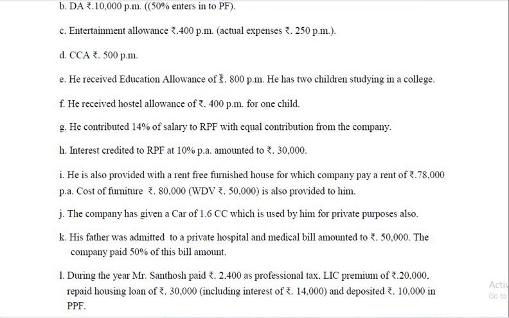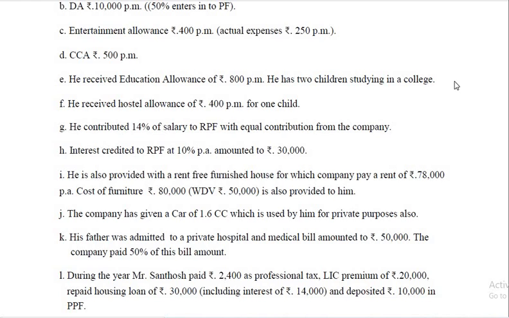He received education allowance of rupees 800 per month. He has two children studying in a college. So here 800 into 12, that we have to take, so 9,600. Rupees 100 per child is exempt, at the maximum for two children, and therefore 100 into 2 into 12 is exempt.